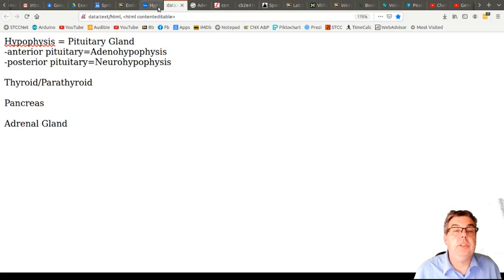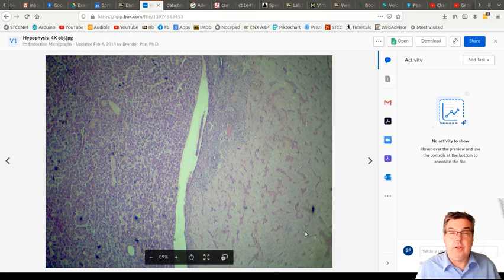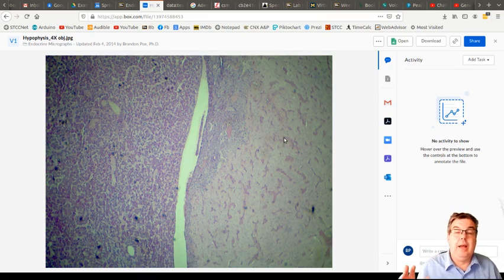Now, in nervous tissue, you would think you'd see the occasional neuron or something like that. But actually what we're looking at here is fairly neuron-free nervous tissue. This is mostly fibers coming from the hypothalamus, and the cell bodies are in the hypothalamus.